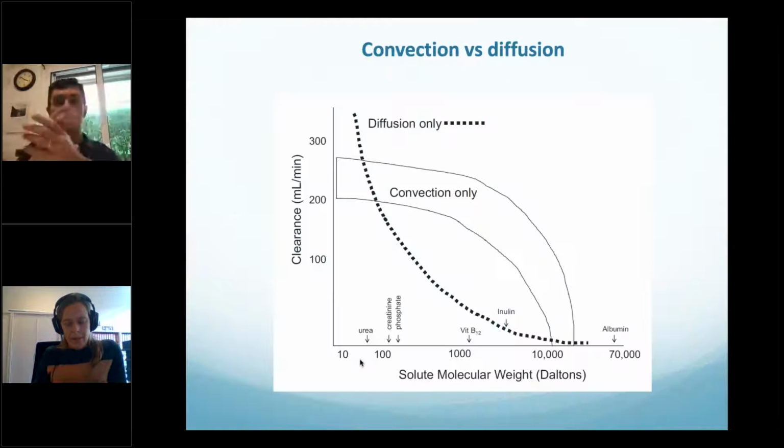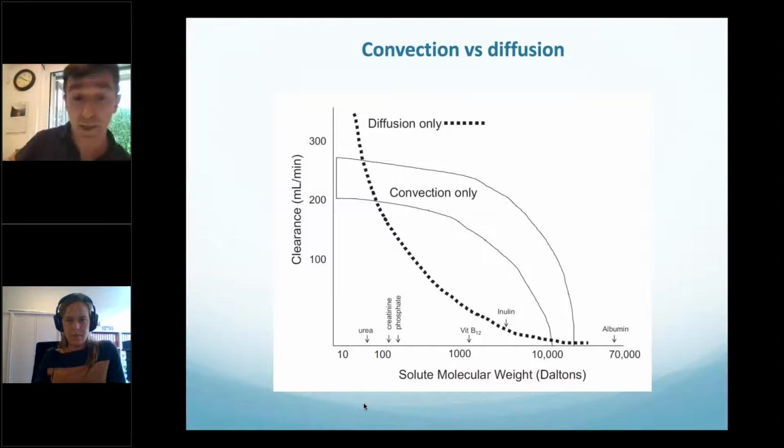Which are the differences between convection and diffusion? Diffusion is perfect for small molecules, and which basically are the majority of the substances that we routinely measure in our daily clinical practice.